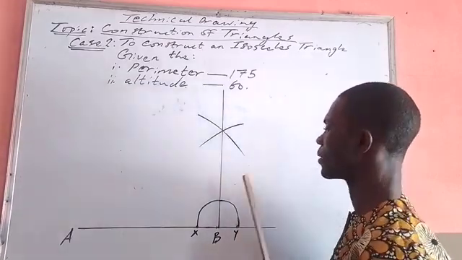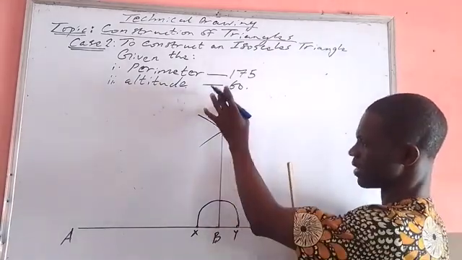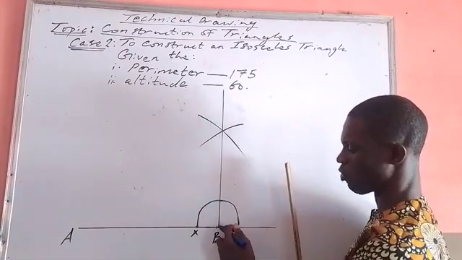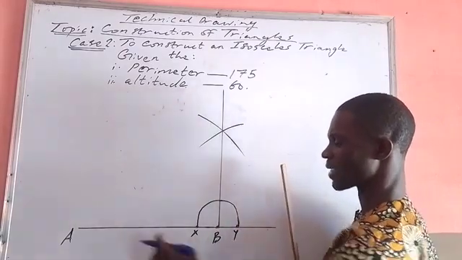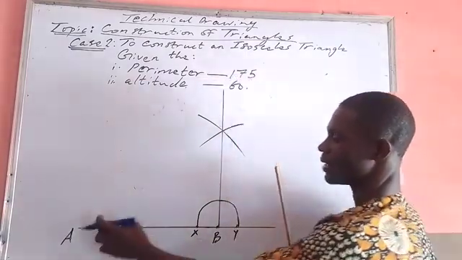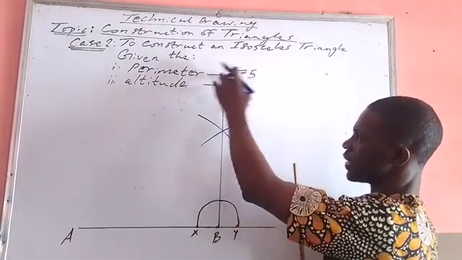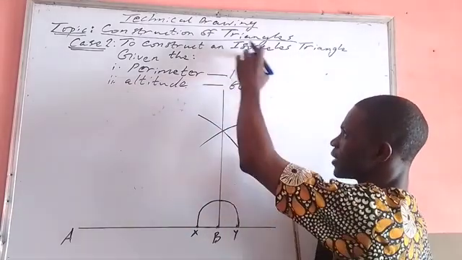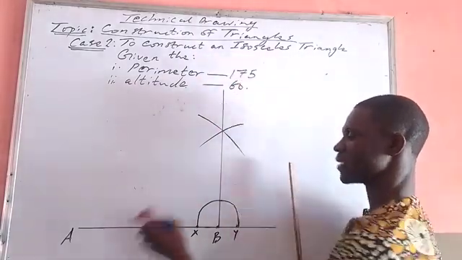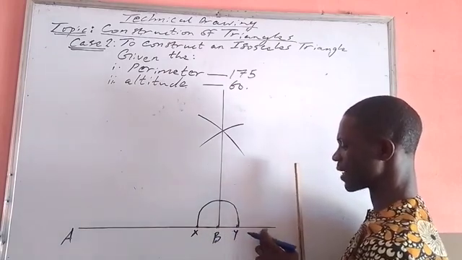Having erected this perpendicular line at point B, do not forget that length AB is half of the perimeter of the isosceles triangle, so you have to divide the perimeter by 2. Then you draw the line AB and extend it a bit.